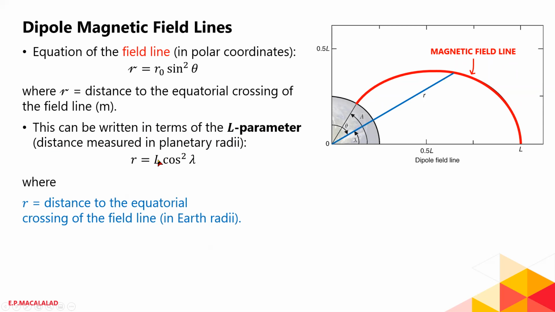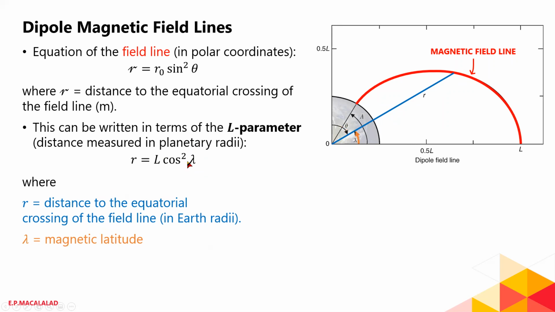So, for example, r is equal to L cosine squared lambda. Here, L is the distance of the equator crossing of the field line in Earth radii, and lambda is the magnetic latitude. So if this is your zenith angle theta, the magnetic latitude is the angle from the equator.